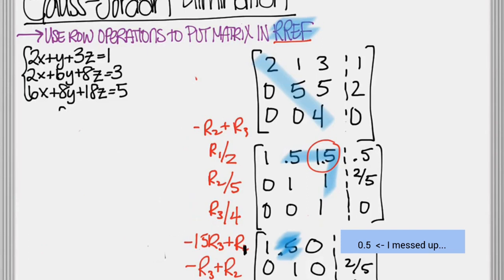All right, so now going back this way, the last thing I'm going to do is negative 0.5 row 2 plus row 1 to clear out that 0.5 up there. So I've got a 1, I've got a 0. Luckily this guy's a 0, so that's nice. And so the only thing I have to deal with is this 2/5. I'm going to get my calculator. Negative 2/5 plus 1/2, and I got a 1/10 there.